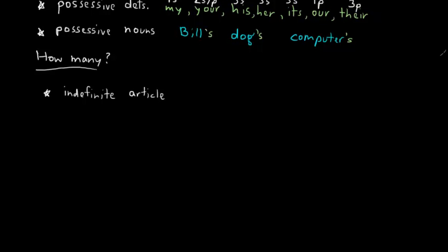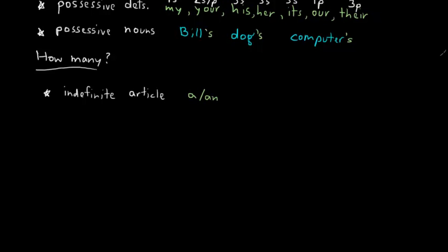Okay, so a or an. Okay, and these are actually both the same word. A if it's followed by a consonant sound, and an if it's followed by a vowel sound. Okay, but they tell us we're interested in one out of a large group. Okay, but they really don't tell us which one. They just tell us we're concerned about a dog, but they don't tell us which dog. So all they really tell us is how many. Okay, that's why they're indefinite.